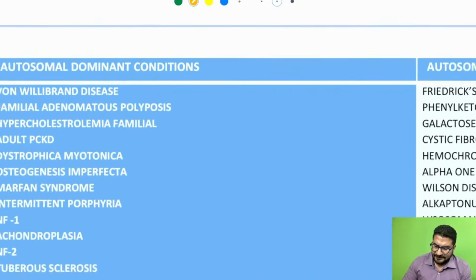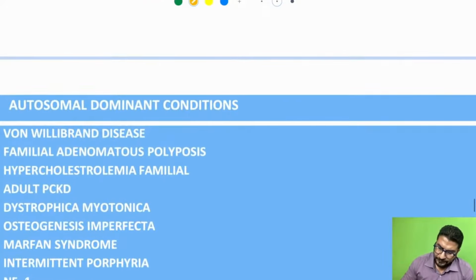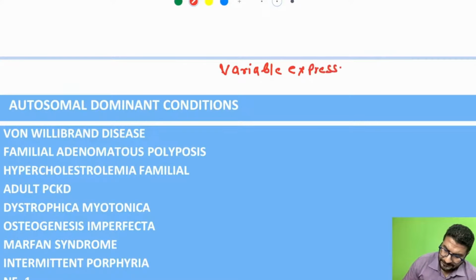Autosomal dominant disease will have few features, कुछ इसके features होते हैं. So what are those features? The first feature, you will notice in autosomal dominant you will see variable expression. वेरिएबल एक्सप्रेशन मीन्स हो सकता है दो लोगों को सेम बीमारी हो लेकिन दोनों को अलग अलग सिम्टम हो.